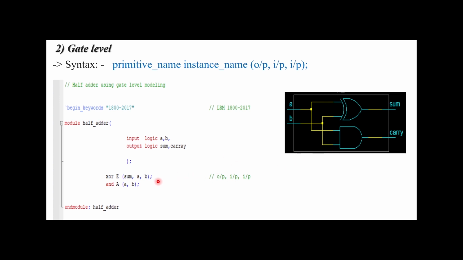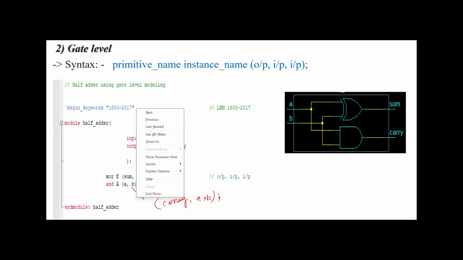If you see the syntax, a correction is needed here: you have to provide the output within parentheses, carry, followed by A, comma, B. This is not a big mistake; you can correct it. The instance name, within parentheses, the output is carry, followed by inputs A and B. So this is the gate level model.